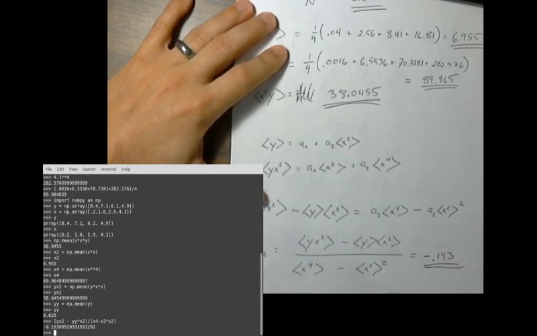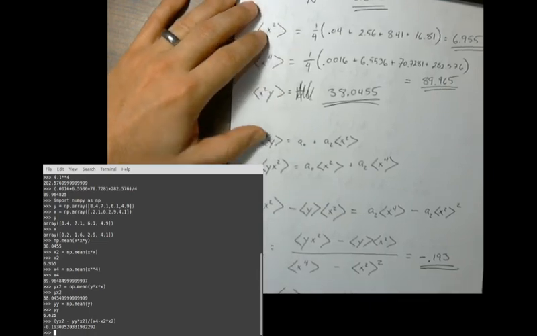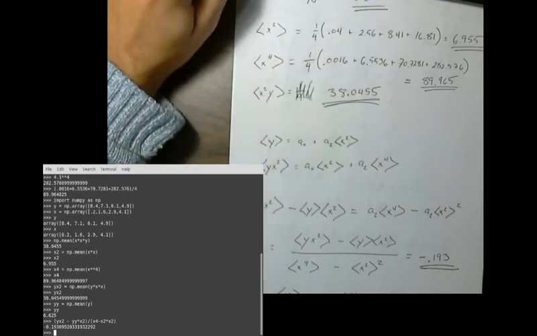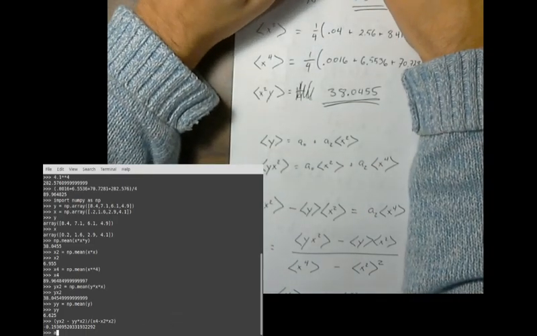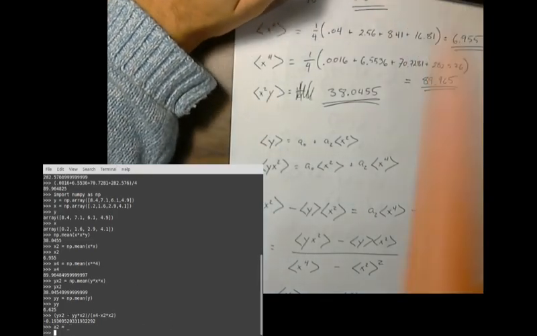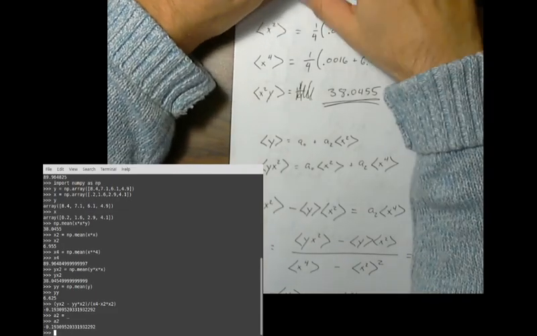Cool. All right, a naught then is easier. That's just the expected value for y minus a2 times the expected value for x squared. Okay. Create a variable for a2. There it is.